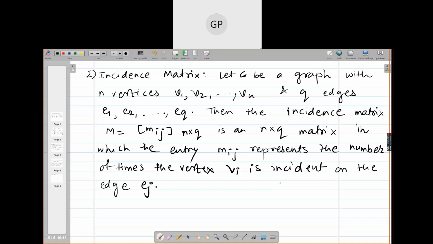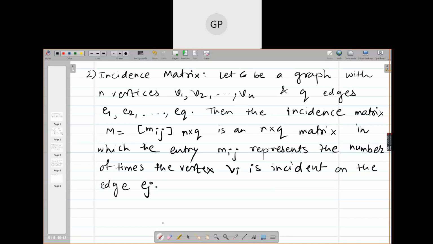Actually, what should we write? Tell me what is wrong here. Does the vertex Vi become incident, or does the edge become incident? Edge. The edge is incident on the vertex, right?